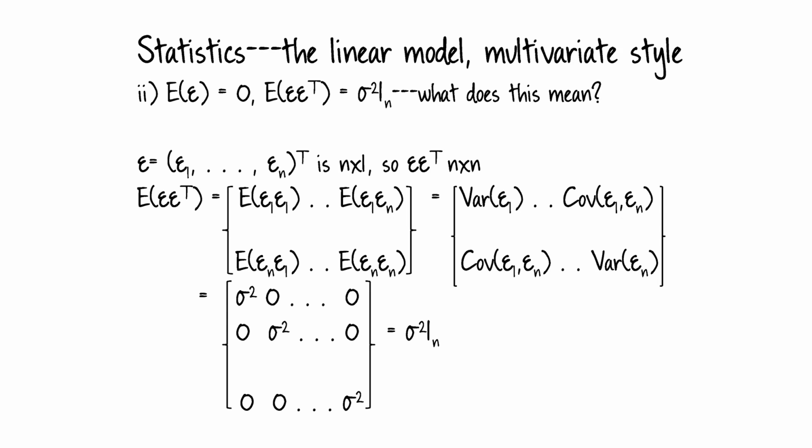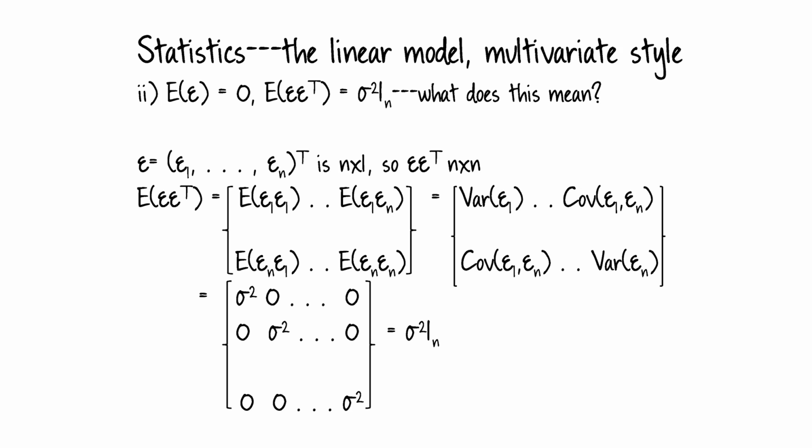And then for some reason, we often write that instead of writing the assumption as the covariance matrix of epsilon equals sigma squared times the n by n identity matrix, we write it as the expectation of epsilon epsilon transpose is equal to that.